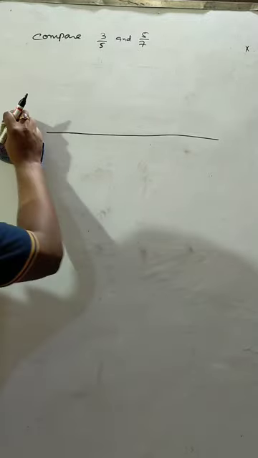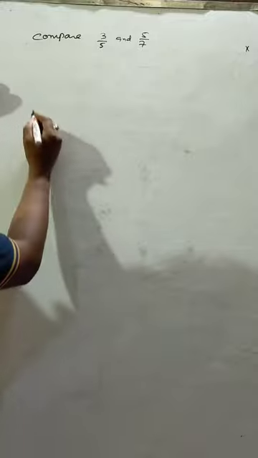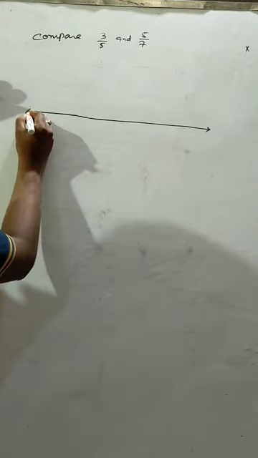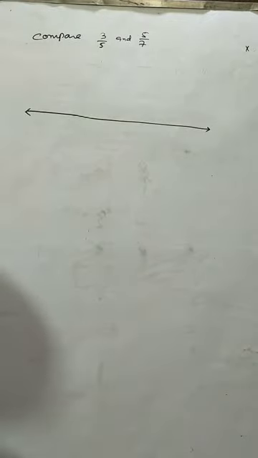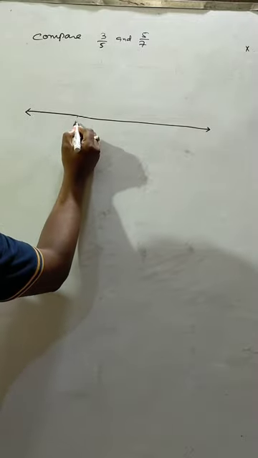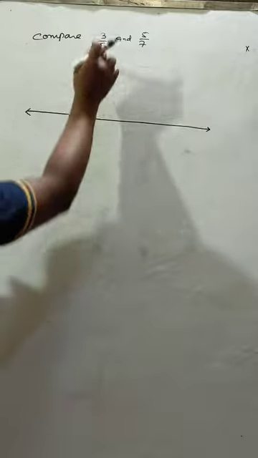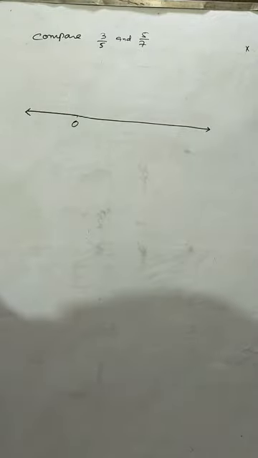It should be straight. See, both the numbers are positive. That means, first of all, we will put a 0 here. This is 3 by 5, below 1.